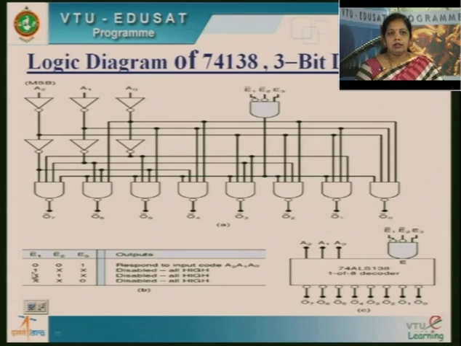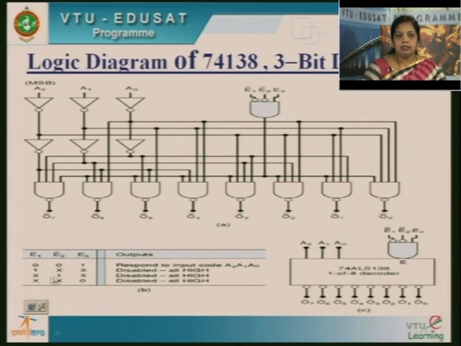So if any one of these three doesn't obey the rule, like these two should be active low and this should be active high, your decoder is disabled. So you can just see over in the truth table, if E1 complement and E2 complement are both active low, and E3 is active high, then only it will respond to whatever input you give to the decoder.